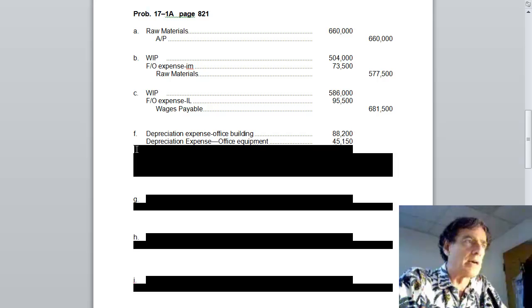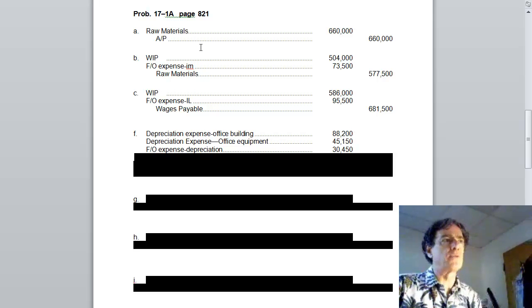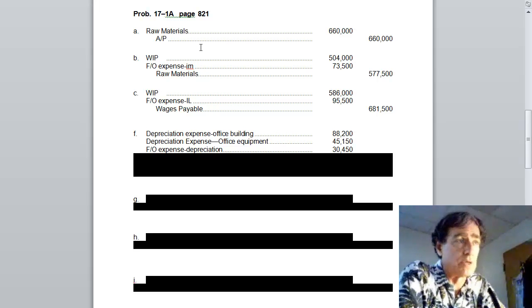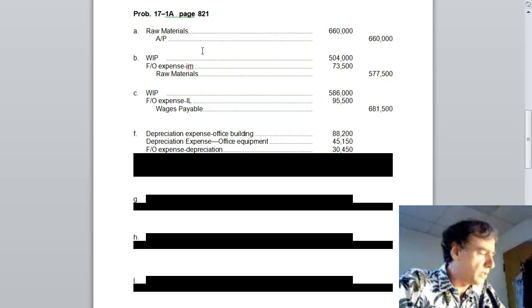Then I took on the FO, the factory related depreciation, and I used the same scheme that we do for indirect materials, indirect labor, and any other kind of factory overhead, whether it's utilities or whatever it is. Debit FO expense dash depreciation 30,450 for the factory equipment piece of this entry.